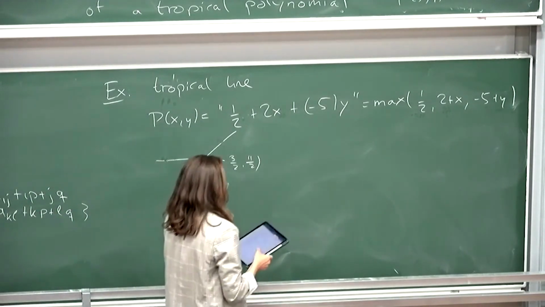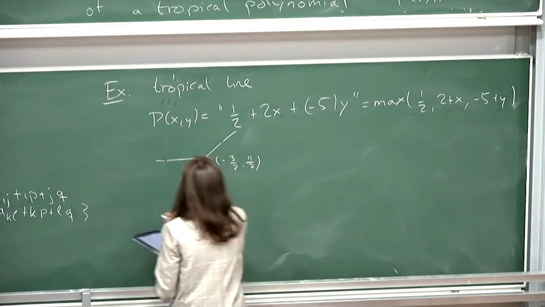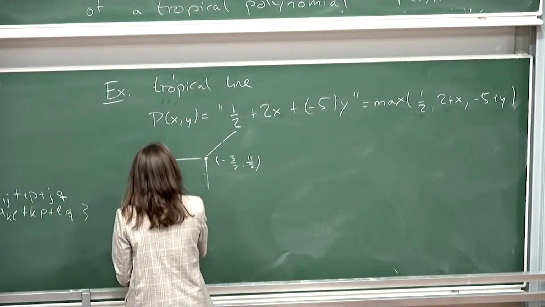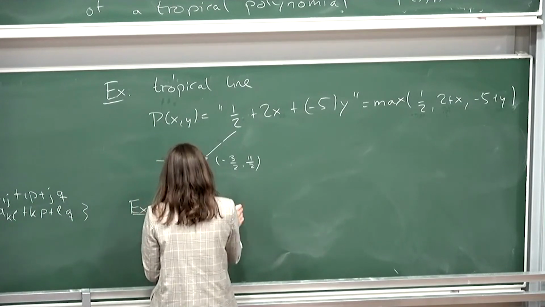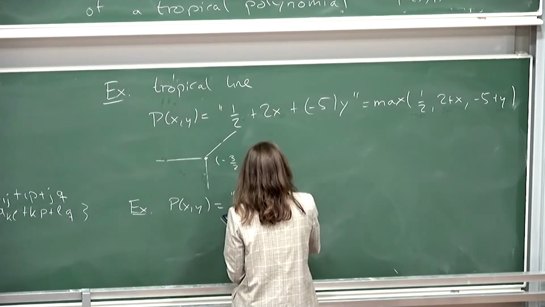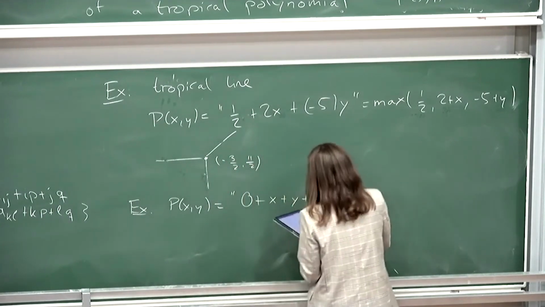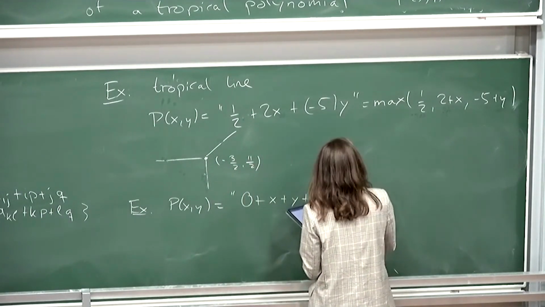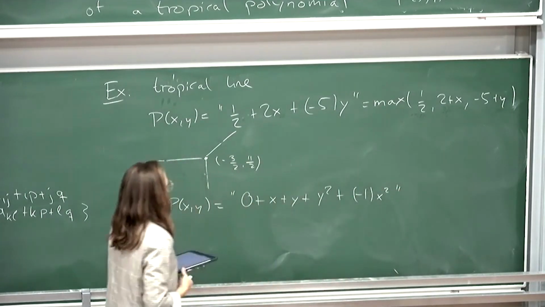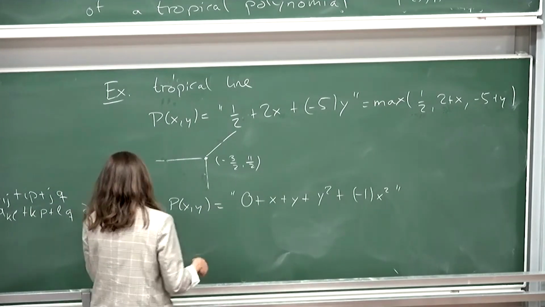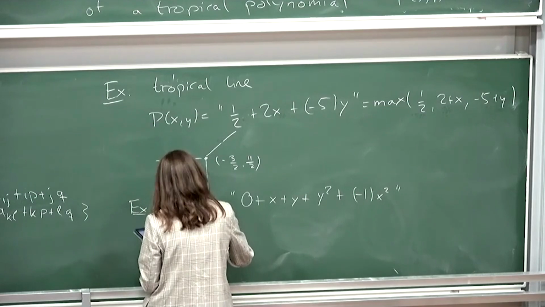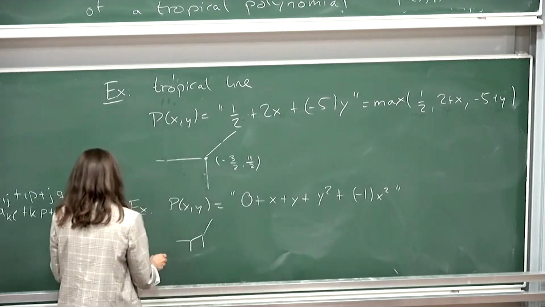Let's do another example where we have more complicated weights. So here we have something of degree 2. And let me just draw how this looks. This will look like this.